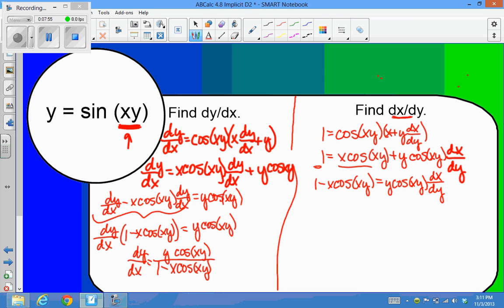To get the dx/dy by itself, I need to divide both sides by the y cosine xy. So at this point, I can write my final answer. dx/dy equals 1 minus x cosine of xy divided by y cosine of xy.